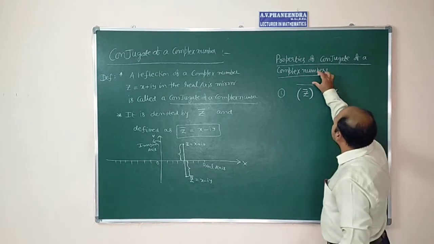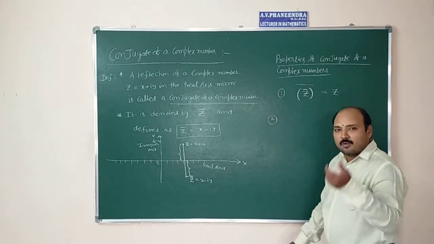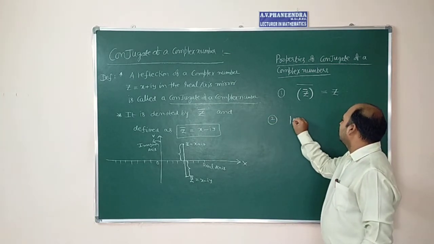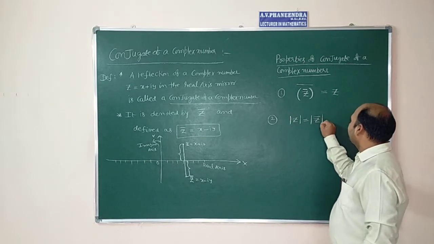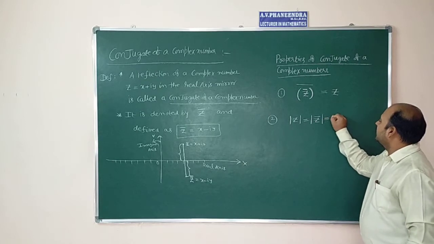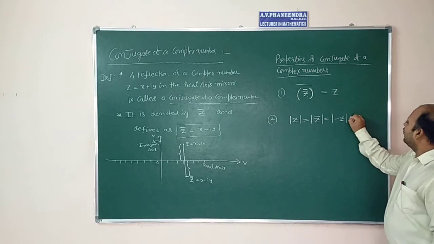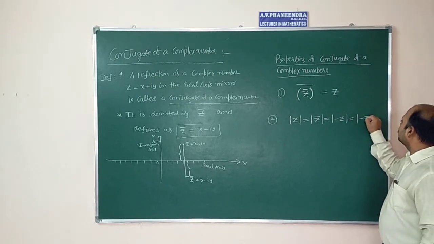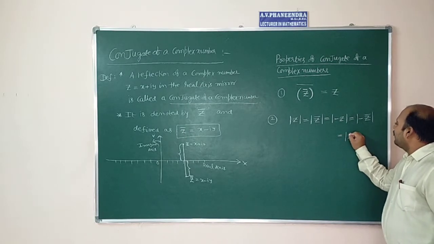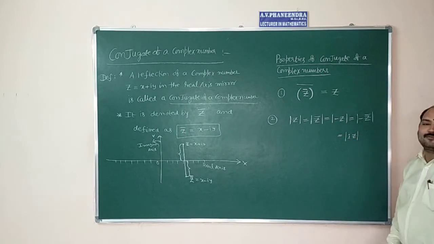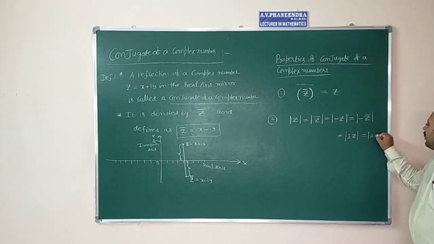The second property: the modulus of a complex number, the modulus of the complex conjugate, the modulus of the negative of a complex number, the modulus of the negative of the complex conjugate, and the multiple of i, that means modulus of iz, which is equal to modulus of i into z bar.